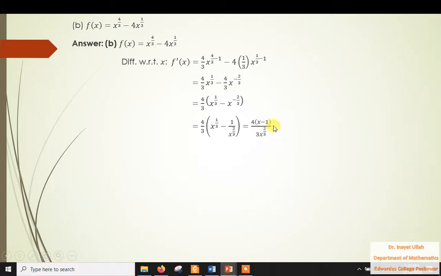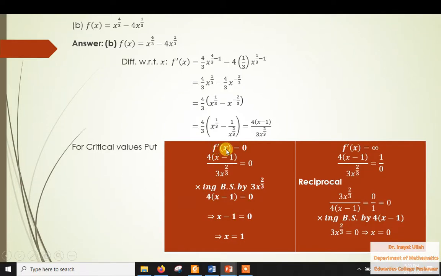Both portions contain the variable x, so we will be using both the conditions for the critical values. So for critical values, we'll put f prime x equal to 0 and f prime x equal to infinity as well. Remember that.